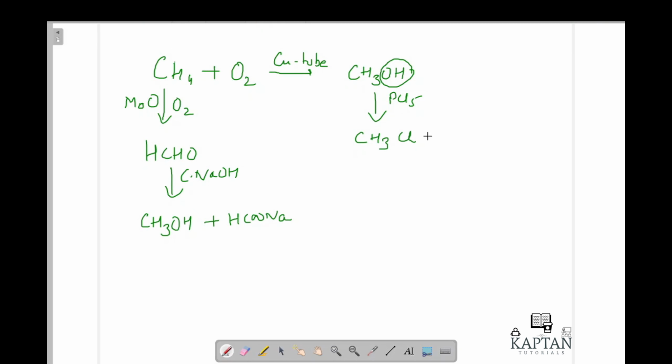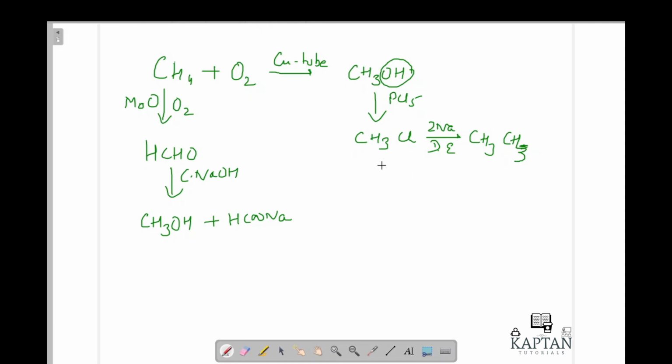Now this CH3Cl, if I add 2Na and dry ether, again I am giving you a little revision of part 1, because conversions can be asked from any part of the reactions. So it will change into CH3CH3. This is known as the Wurtz reaction.